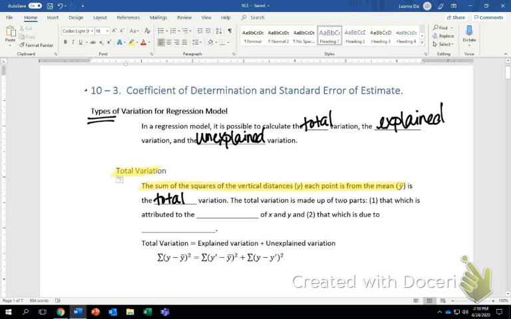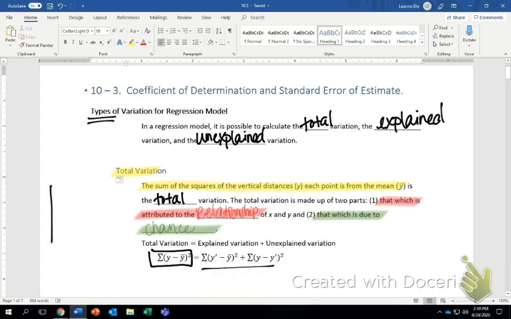The explained is attributed to a relationship of x and y, and the second part is really just due to chance. This is our unexplained, because we can't really explain chance. The formula right here is the one we're going to use for our total variation. On top of that, if we take our 2 pieces, which we'll look at in a second, and add them up, it should equal our total.